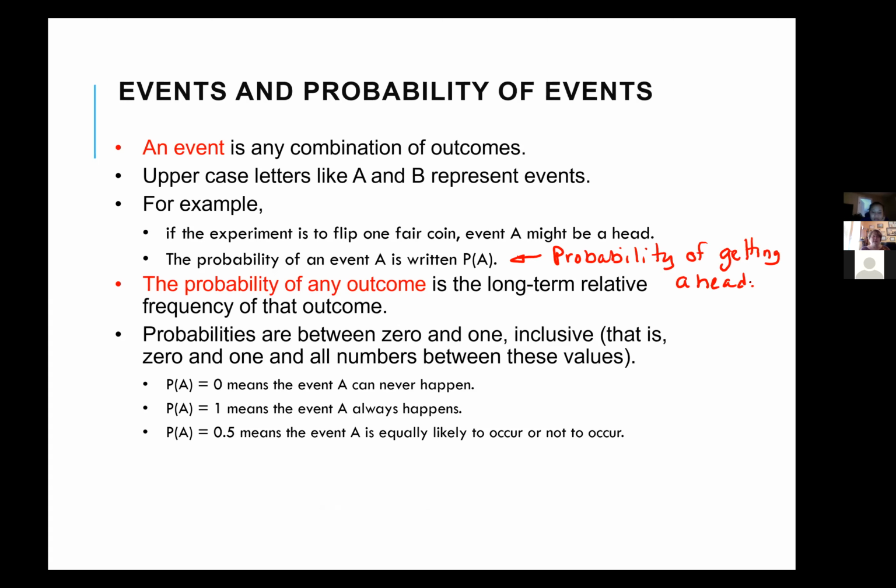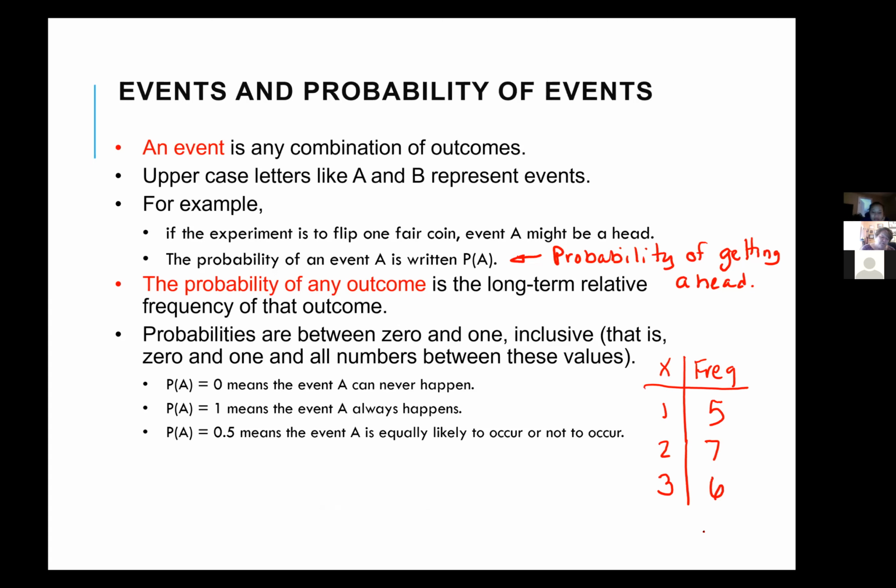Now, we talked about this a little bit in chapter 2 when we talked about relative frequency. The probability of any outcome is the long-term relative frequency of that outcome. And how do you calculate relative frequency again? Let's just do a really simple example. Let's say we have data values 1, 2, and 3. And the frequency of those data values is 5, 7, and 6. I'm just making this up.